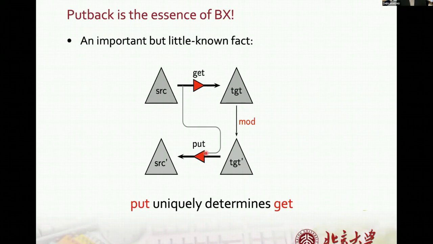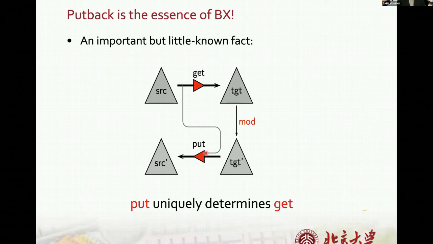But given a put, if it is well-defined, if there exists a get that can be paired with this put to form a well-behaved bidirectional transformation, then such a get is unique. In other words, put uniquely determines get.